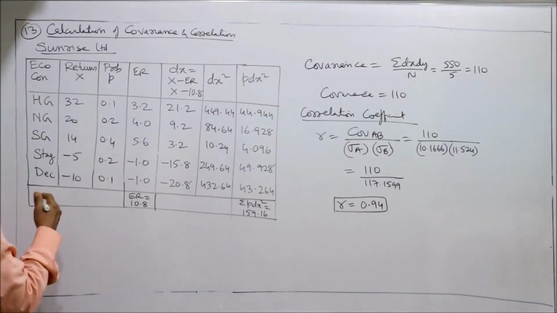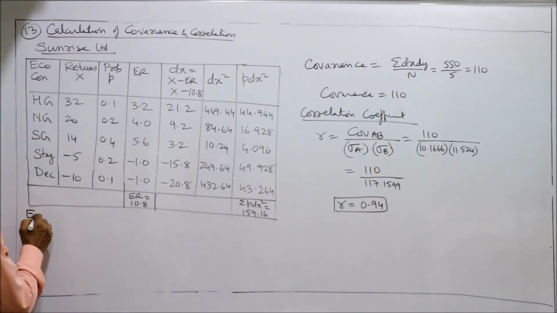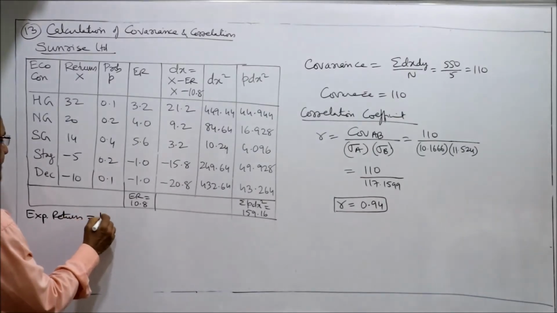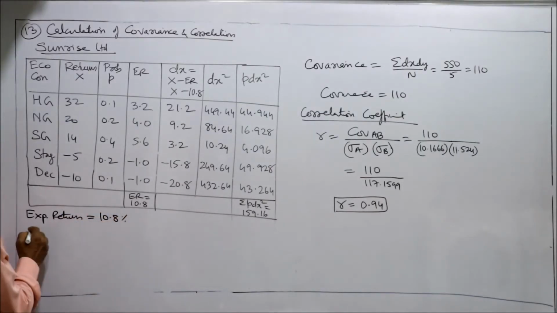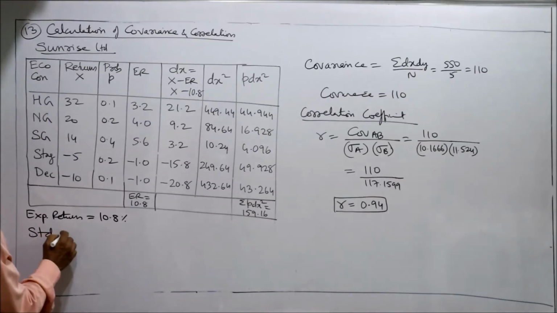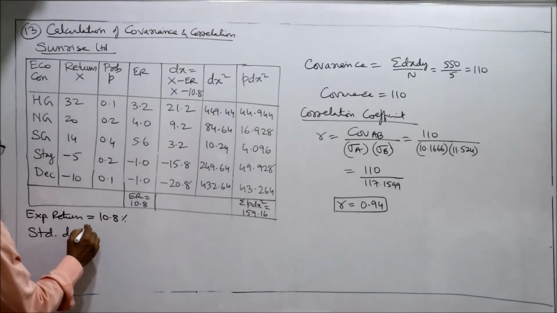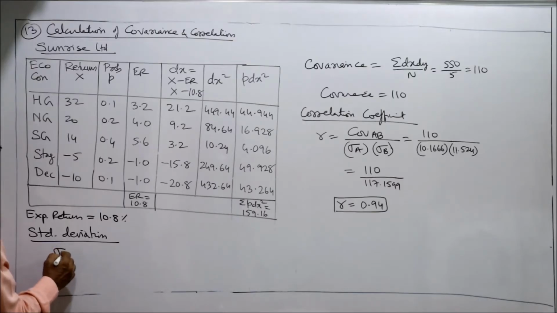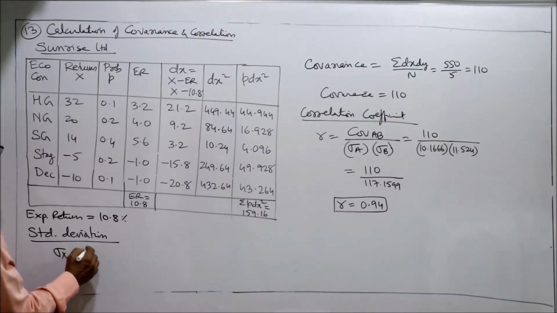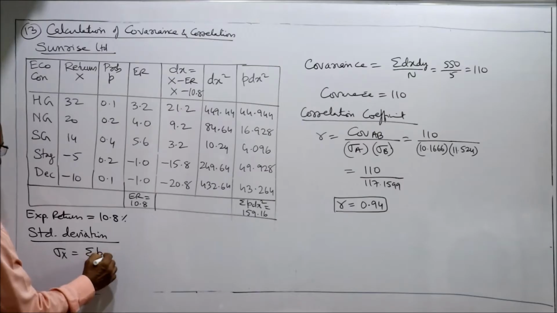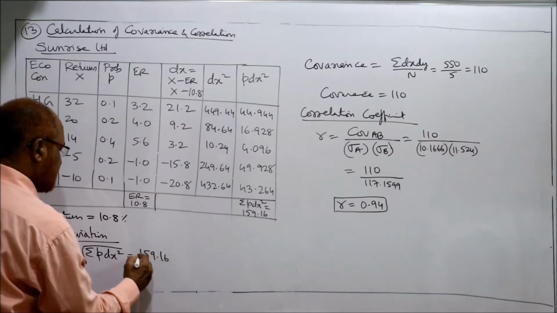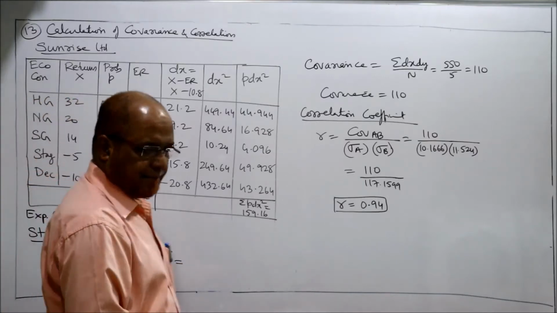Sunrise Company. So expected return 10.8%. Standard deviation sigma x is equal to summation p dx square under root. 159.16 under root.